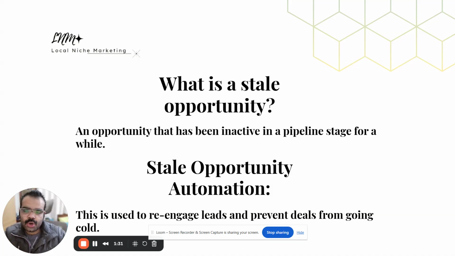Stale opportunity automation comes in handy in this scenario, because it is a way to either follow up with them or send the details of those opportunity names to the internal sales team to get a decision or some action, in order to make them warm, right?